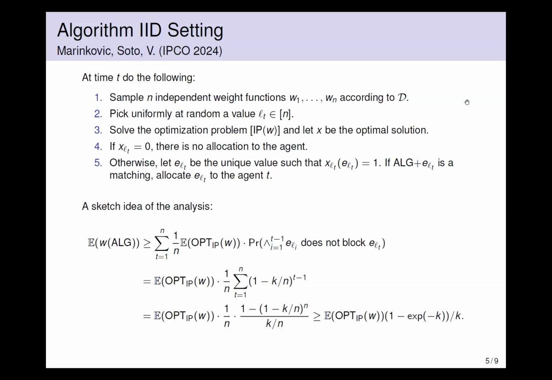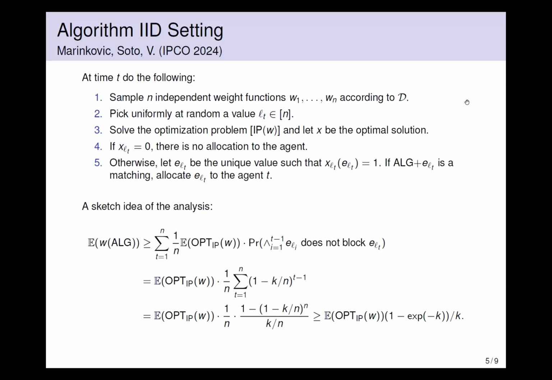This is the condition to enter the solution. If you want to actually allocate the bundle to the agent, then it should be that it doesn't intersect any previously allocated bundle. So in other words, I want to compute the probability that the selection of time t is not blocked by any previous selection.